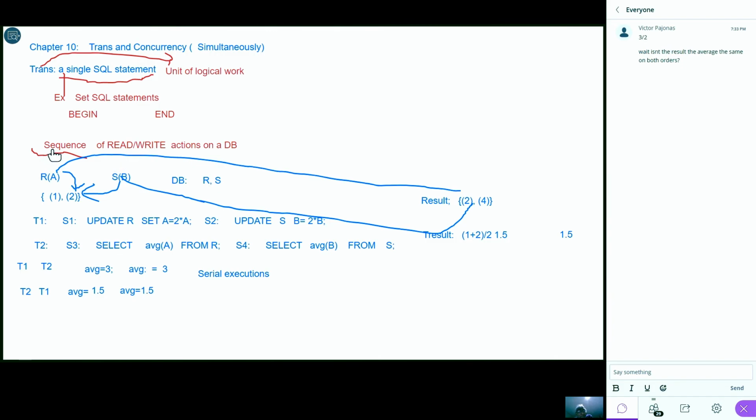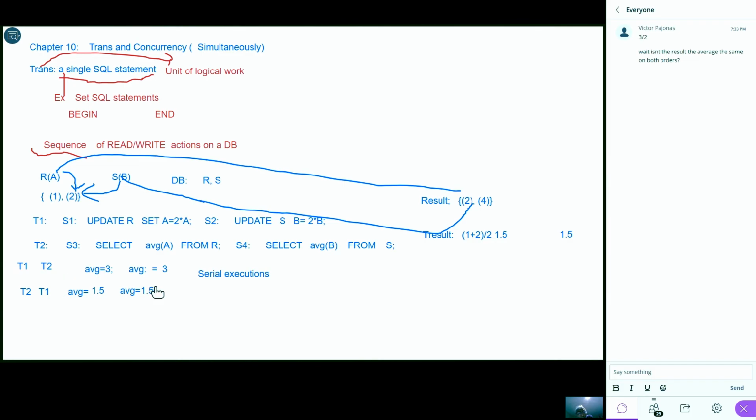That means each action of a transaction is ordered, so the order of the actions of the transaction cannot be changed. Here we said let all actions of T1 happen first, then T2. Here we said T2 happens and then T1.